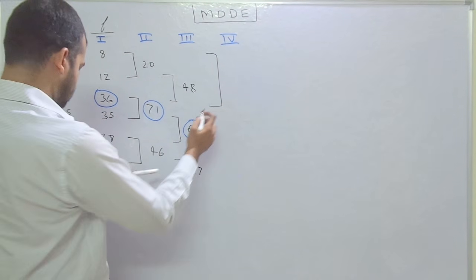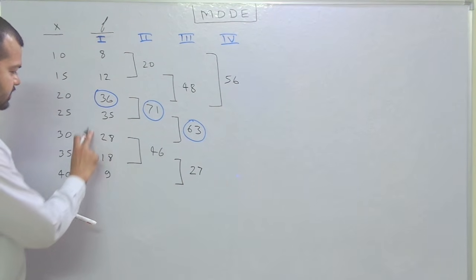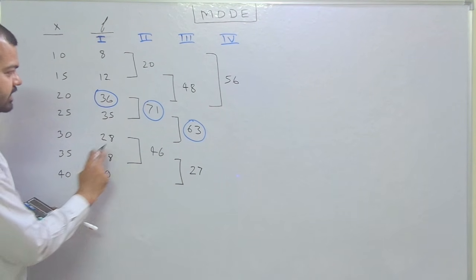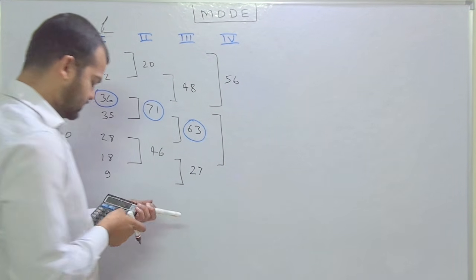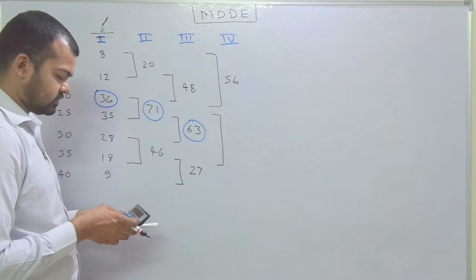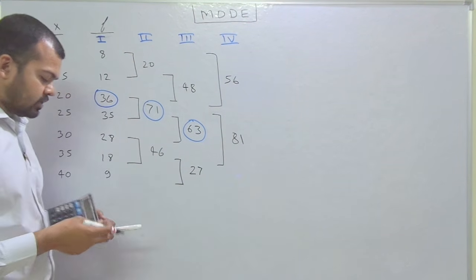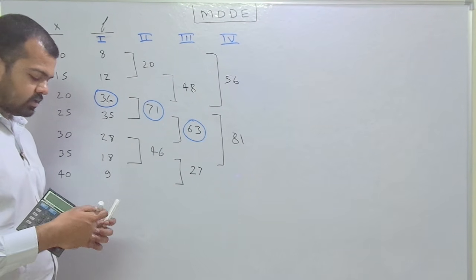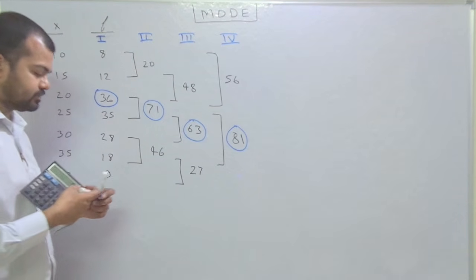Now the next three, 35, 28 and 18, give 81. Now we have to mark the highest figure in this fourth column, so 81 is the highest figure.